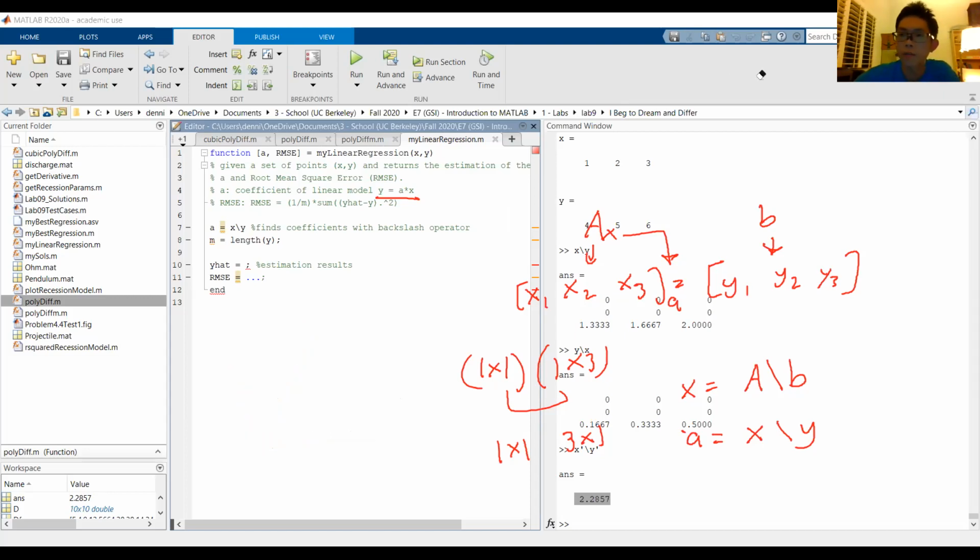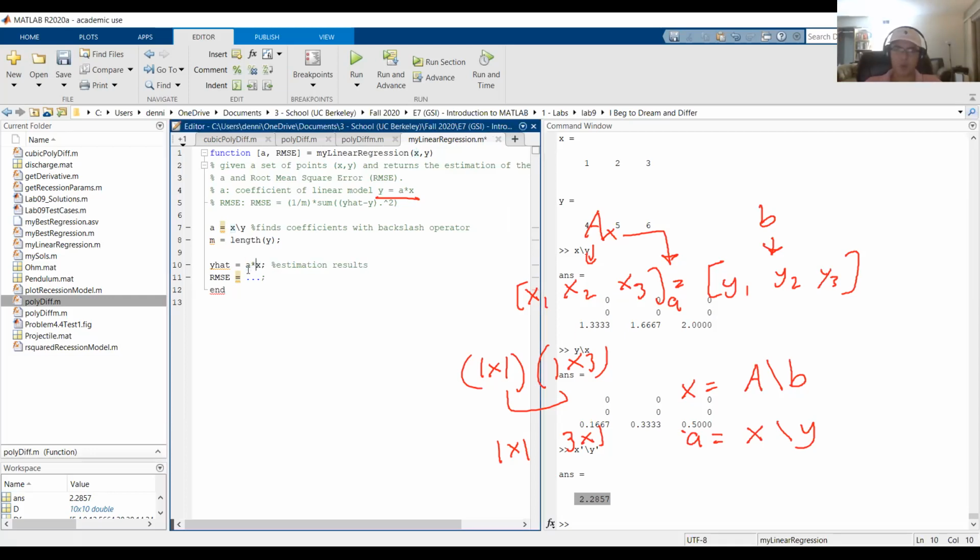So Y hat, this part should be pretty straightforward. What's Y hat? Can someone tell me? It's going to involve our X. What do we need to do to our X to get our prediction? There's an A times X suggestion, and yep, that's exactly it.